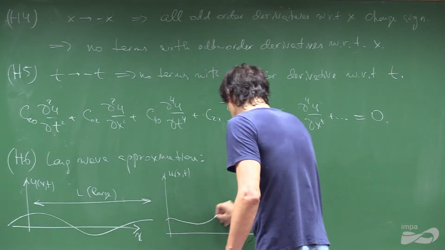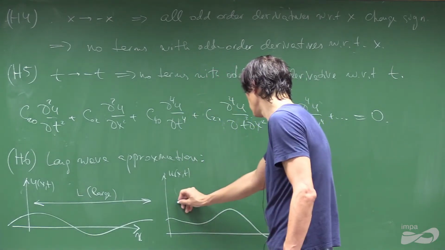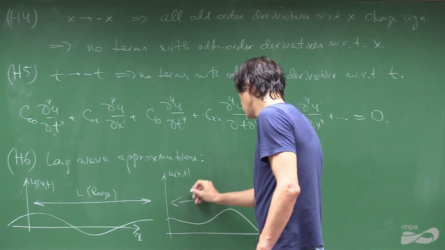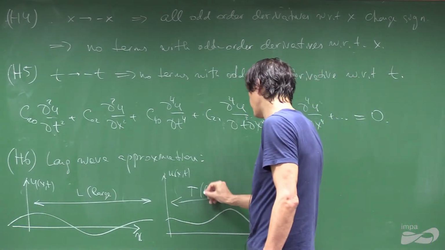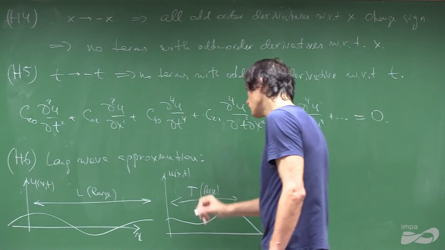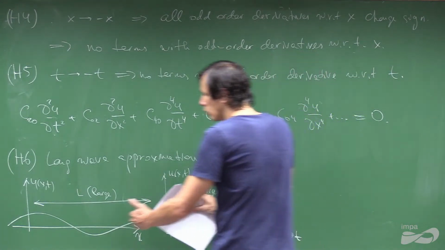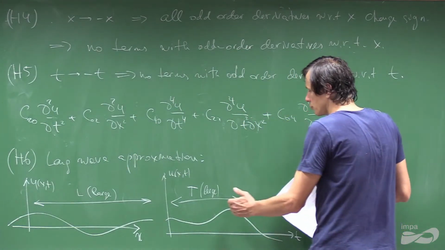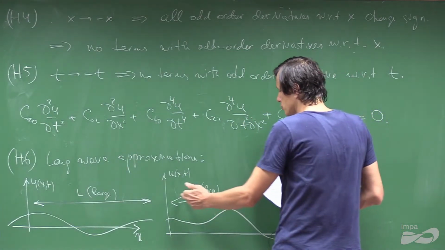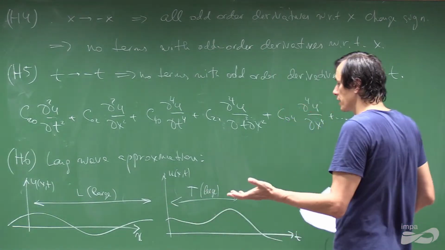It only changes at capital T, which is also large. So you need to look at long distances to see any change of your variable, and if you sit in the same place, you need to wait a long time in order to see any change.